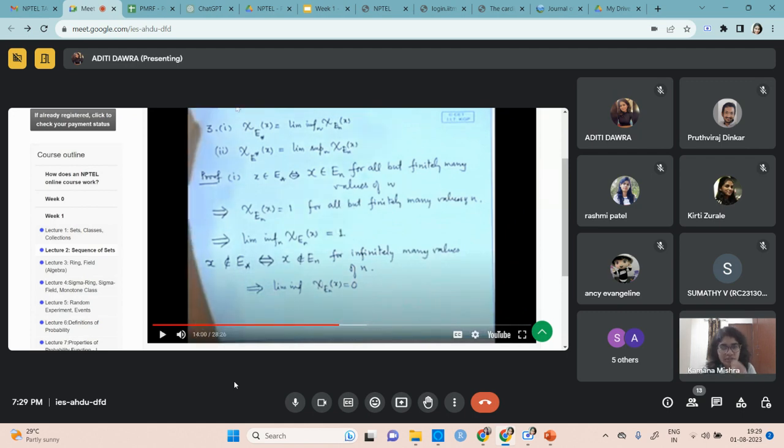Okay, so this chi function given here is the characteristic function, maybe you know. What is the characteristic function, do you know? You can take it as the indicator function or characteristic function, whichever you want.